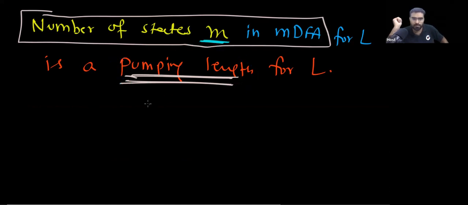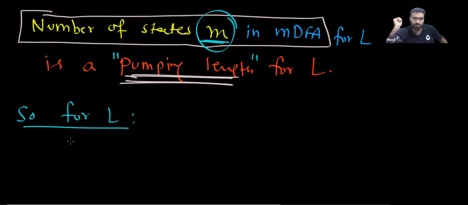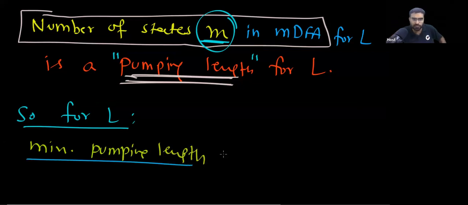Now remember, the minimum pumping length can be M, or it can be M-1, or it can be M-2. Is this clear? This M is a pumping length, so what will the minimum pumping length be? For this language L, we will have to find it out.